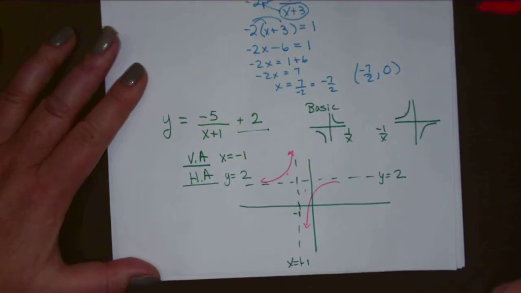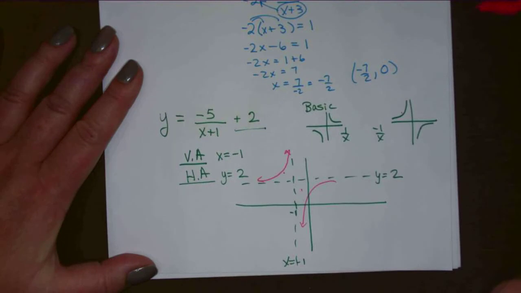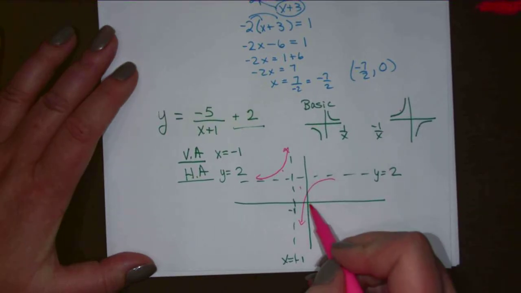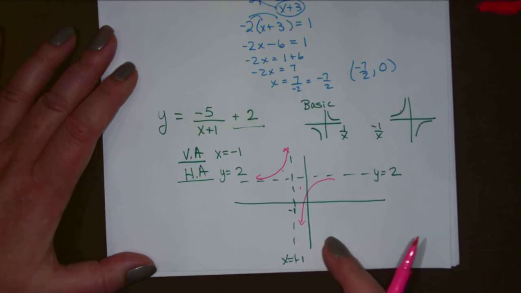You can just write them in after, and that's what I said. It's better to draw the basic graph in the right position first, and then just tweak it if you need to. Like what if I find that the x and y intercept is 0, 0? Then I would mark this graph wrong, because it's not going through 0, 0.